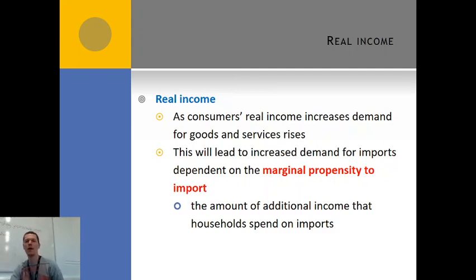Second bullet point, because I've got more money, there's going to be increased demand for imports because my marginal propensity to import is going to be high. Don't forget marginal propensity. When we get a pay rise, when our income goes up, how much of that pay rise do I spend? And if the marginal propensity to consume is what we do in general, well, we can also talk about the marginal propensity to import.